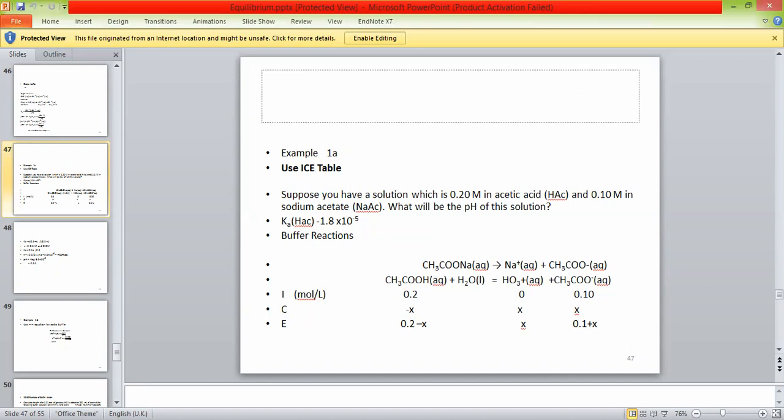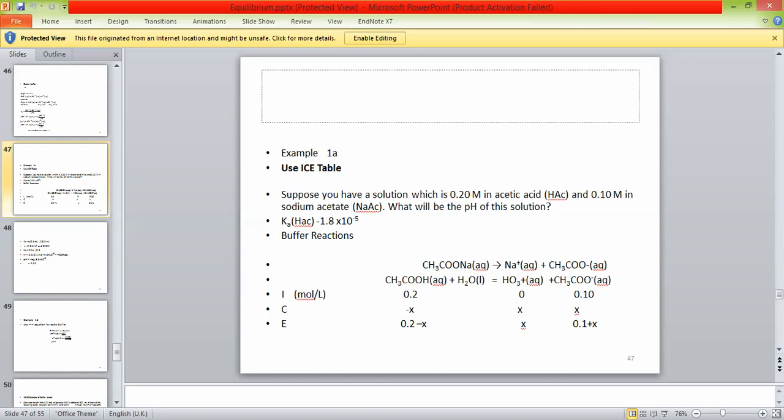Since it is a salt, it will completely dissociate in solution. Since it completely dissociates, this simply means that all this concentration is for the acetate. This is 0.2, H you do not have, but this you have in solution as 0.1. The change is minus X, then here plus X and plus X. Then minus X, X and 0.1 plus X.